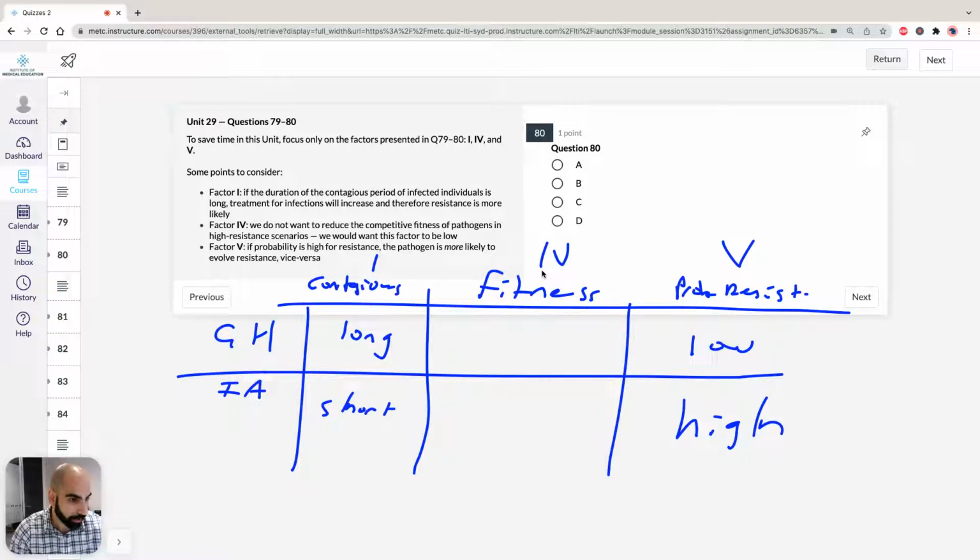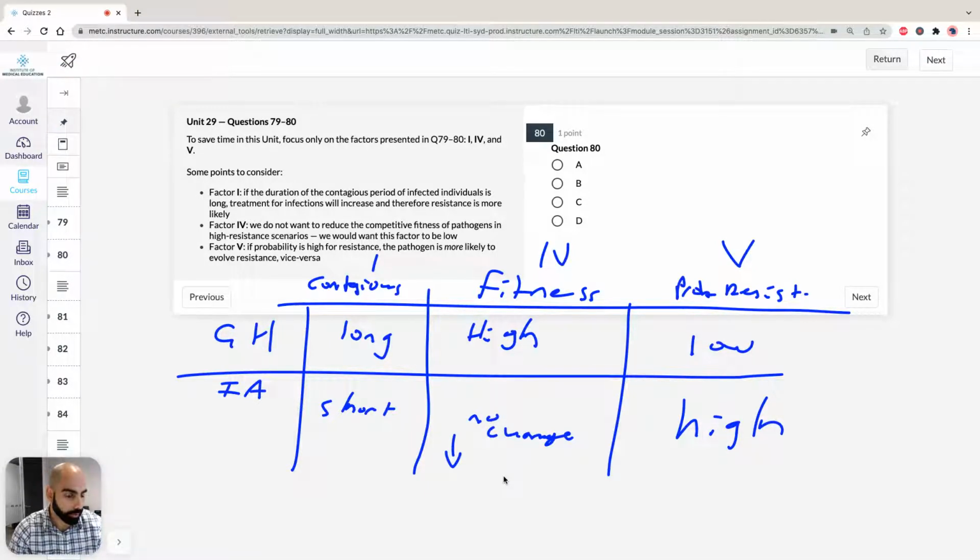If it's a reduced fitness, that means 4 was high, because we had a reduced fitness after drug treatment. So obviously the drugs are working and we've reduced the competitive fitness, so we've got a high value here. Whereas for influenza, it says there's no reduction in fitness, so no change, which you could say is obviously going to be lower than our genital herpes.